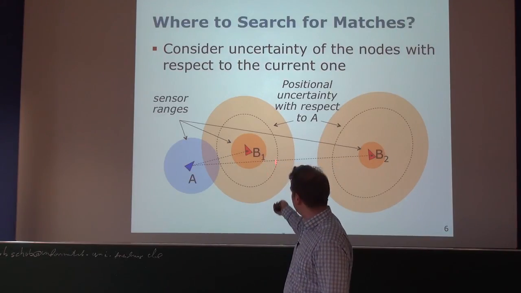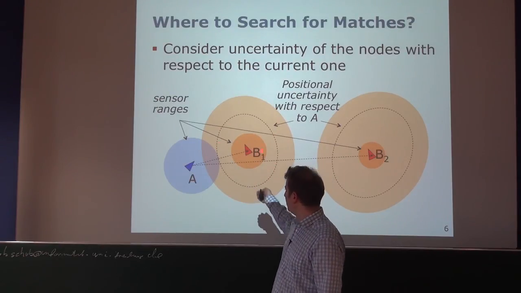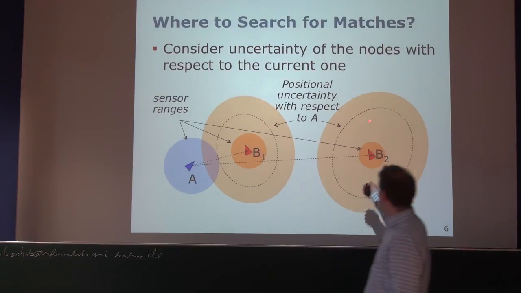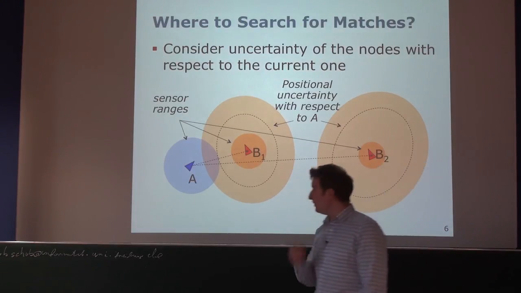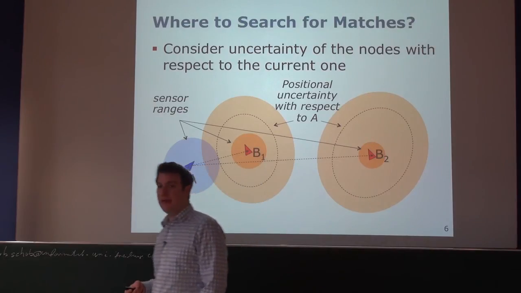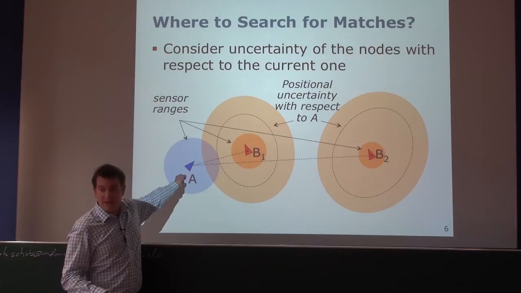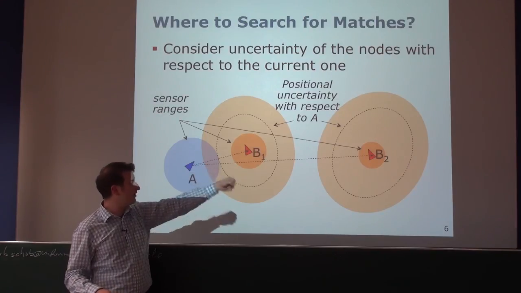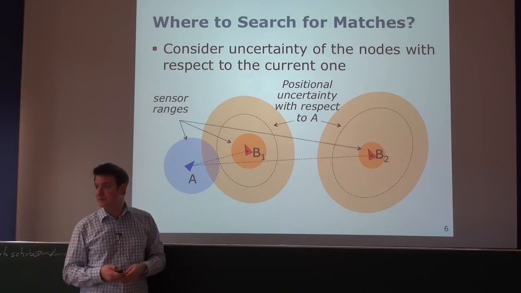This gives me the uncertainty, indicated by these dashed lines, of where B1 is relative to A, and the same here for B2 relative to A. So based on this information, given my current pose, I have an estimate of where B1 and B2 are, together with the associated uncertainty estimates.